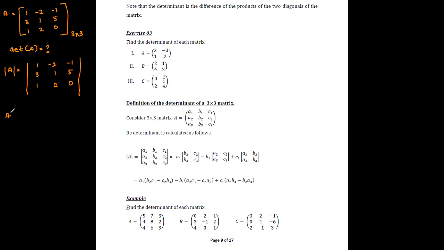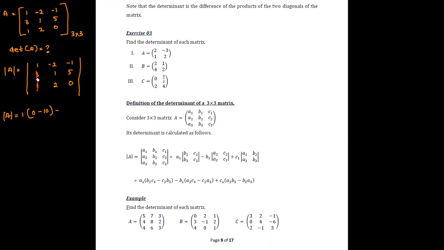Then we can identify the values. First row, first column value. If you identify the value and cut off the relevant row and column, the values would be obtained as 1 times, 1 times 0 minus 2 times 5. Then the next value should be connected using a minus sign.